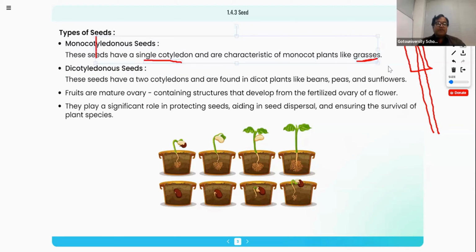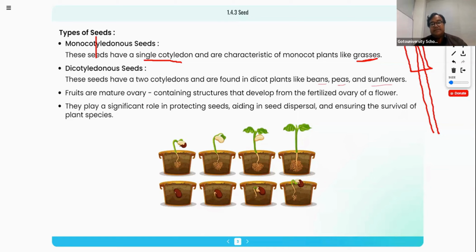Now we are coming to the dicot seed having two cotyledons in it. This is the word I am saying for the dicot. Dicot examples are not only bean and pea, but even sunflower.